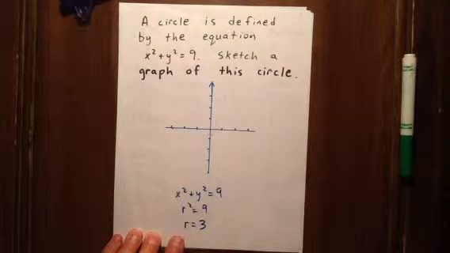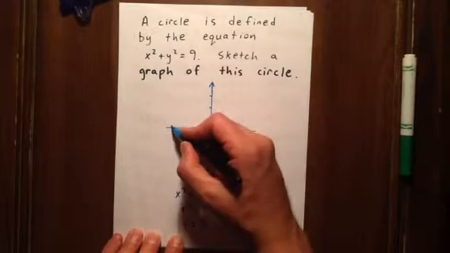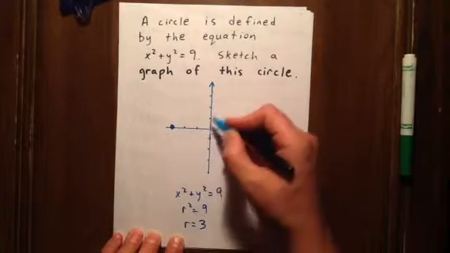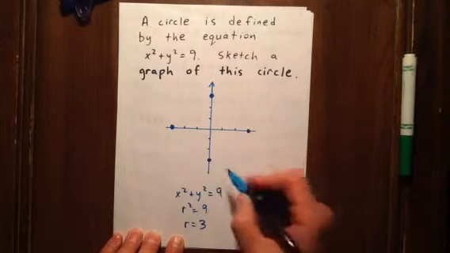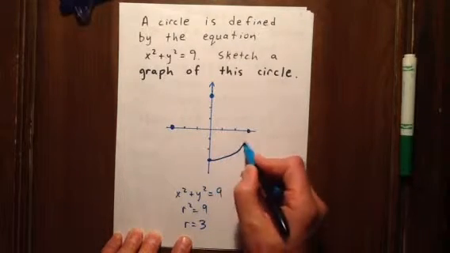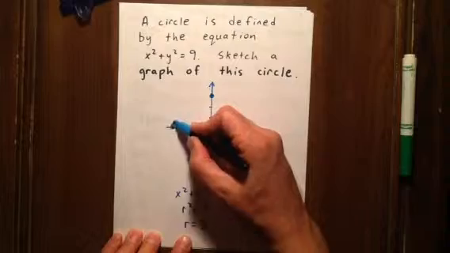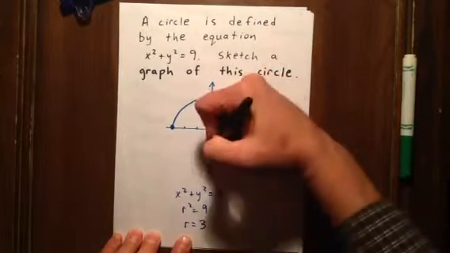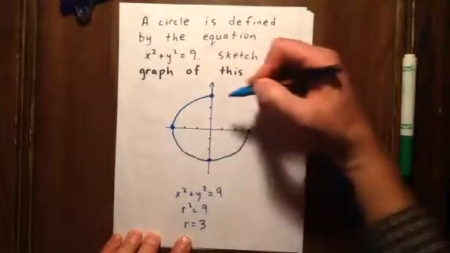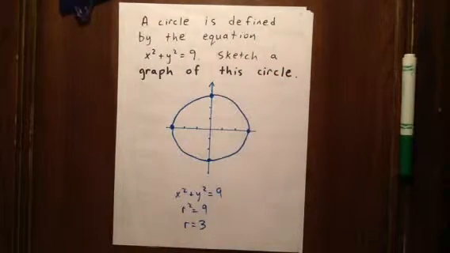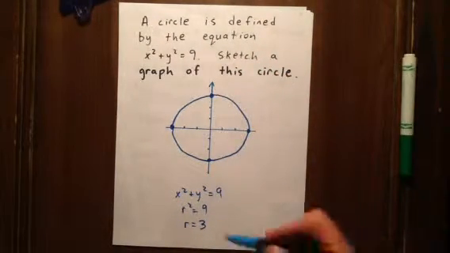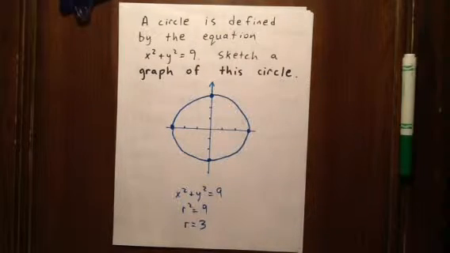And so what we want to do now is draw a circle with a radius of 3 centered at the origin. So there's the center, and there are some points on the outside of the circle, and we're going to connect them. This might not be the greatest looking circle of all time because I'm doing it freehand, but we're going to connect them and make a circle of radius 3. That circle has the equation x squared plus y squared equals 9.